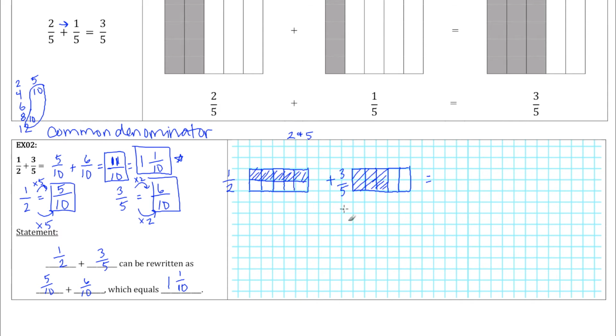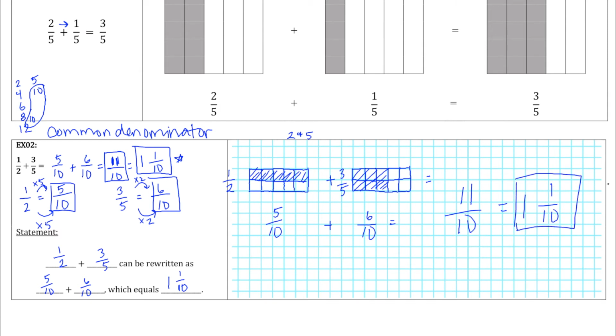And then for the 3/5, I can split it horizontally. So now I actually have 1, 2, 3, 4, 5 tenths. And then I am going to add 1, 2, 3, 4, 5, 6 tenths. And that is in fact how I get 11/10, which is 1 and 1/10.